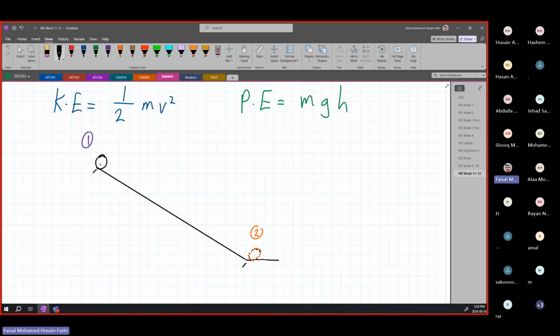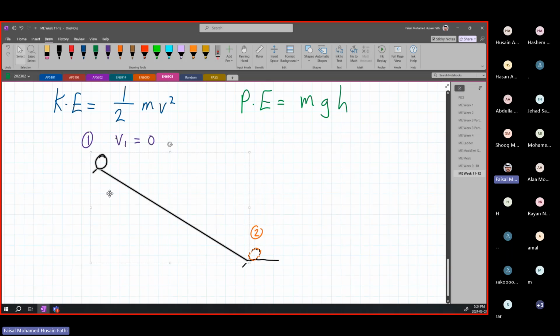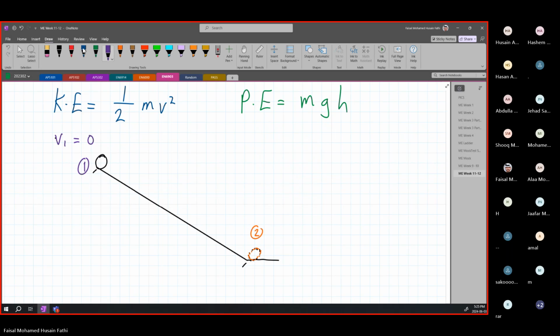So let's say the ball starts at rest. So in other words, let's say our initial velocity, or let's call it V1, is equal to 0. Meaning someone is holding this ball before letting go. All right. So in our first state, we have V1 equals 0. And let us say that there is a height over here.